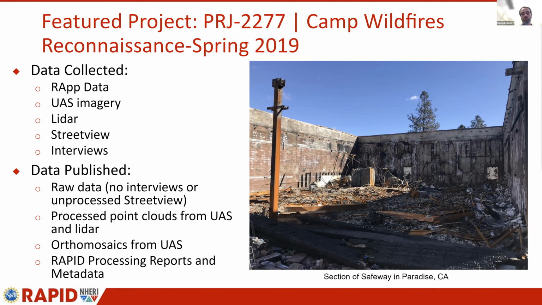What is also published is the processed point clouds from both UAS flights and from LiDAR, orthomosaics from UAS, and data processing reports from the RAPID facility, and a whole bunch of associated metadata that goes along with all of those different pieces of data.